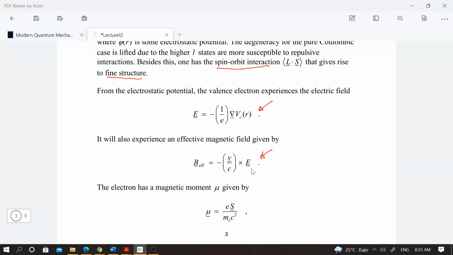That gives rise to a spin orbit interaction. Remember that this is coming from orbital angular momentum.